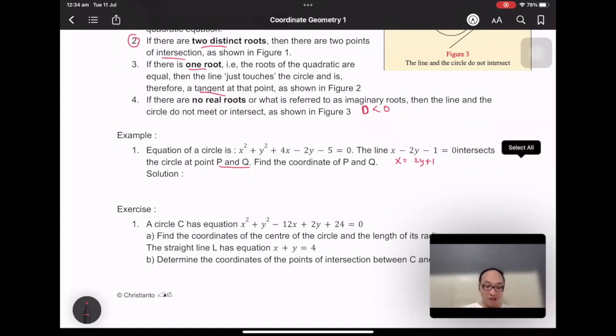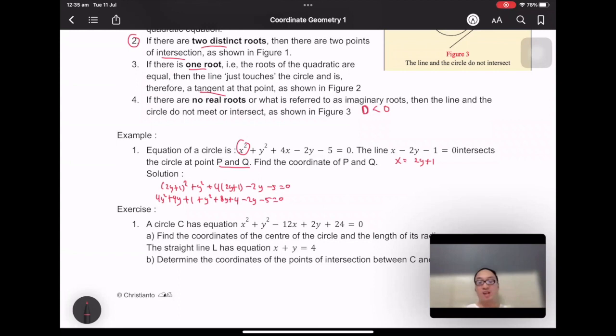So I can just replace x in the equation. I have (2y plus 1) squared as the x squared, plus y squared, plus 4 times (2y plus 1), minus 2y, minus 5 equals 0. And then I can expand this: 4y squared plus 4y plus 1, plus y squared plus 8y plus 4 minus 2y minus 5 equals 0.